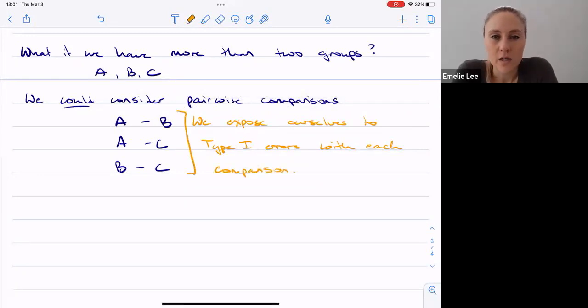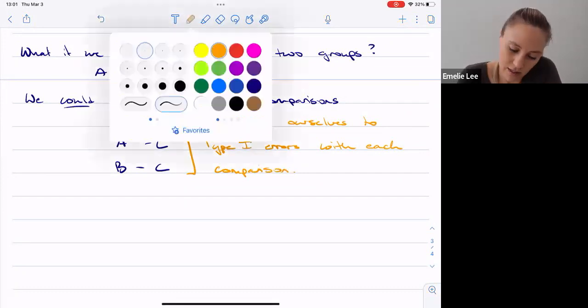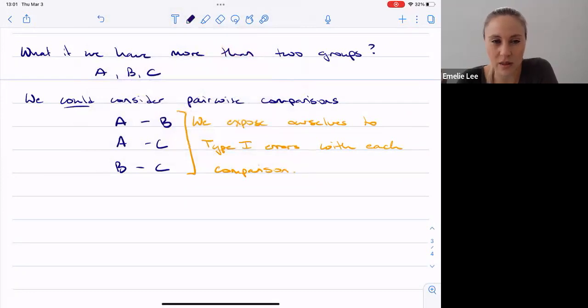Okay. So there are a couple of ways that we could deal with that. In fact, there are many ways to deal with that. But I would suggest that if you had to do these pairwise comparisons, I would probably just use a Bonferroni adjustment, which means that you're just going to divide your alpha level by how many comparisons you're making.